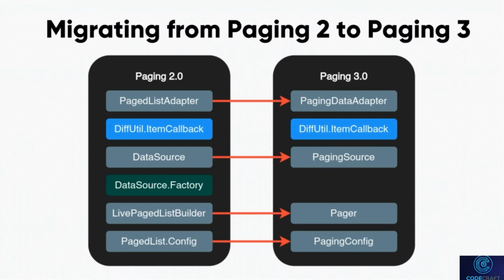There are some differences: the paged list adapter will become paged data adapter. The data source will become paging source. The live paged list builder will be pager. The paged list config will be paging config. And the data source factory will become the same.